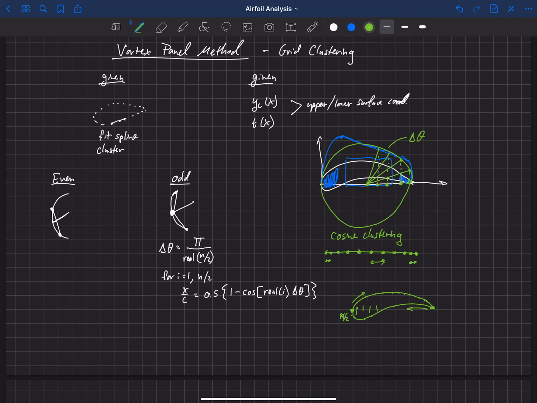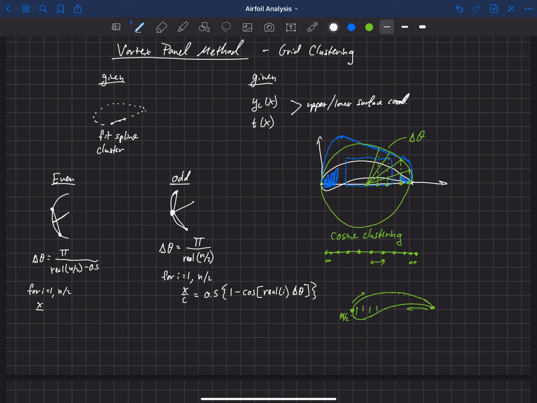Okay, if we have an even number, then delta theta is equal to pi over real of n over 2 minus 0.5. And then our algorithm would be for I equals 1 to n over 2.